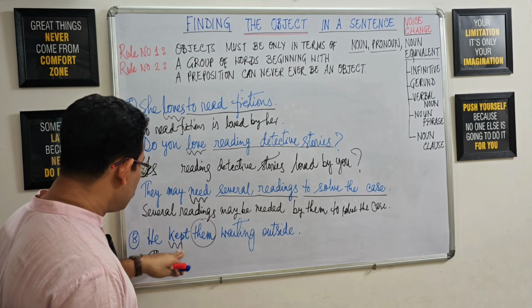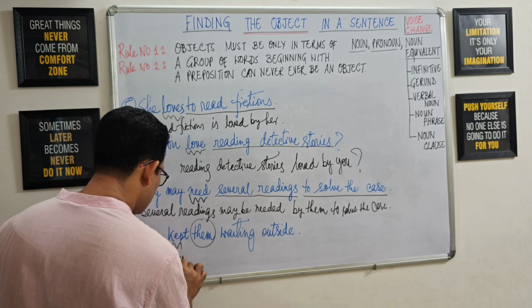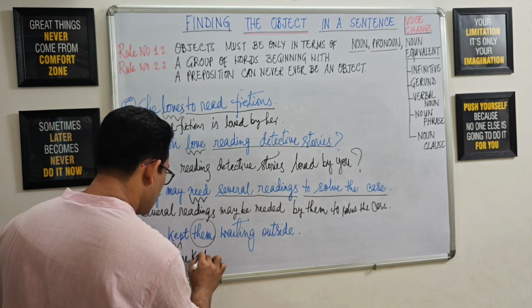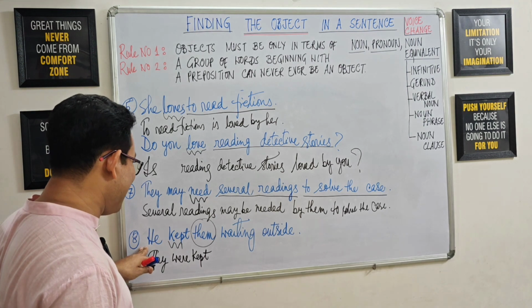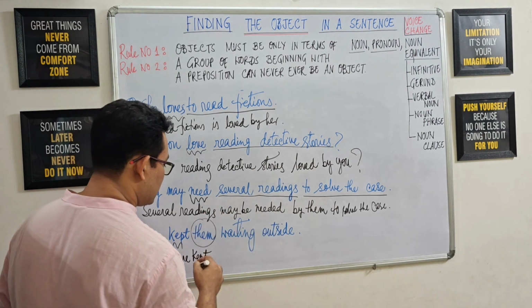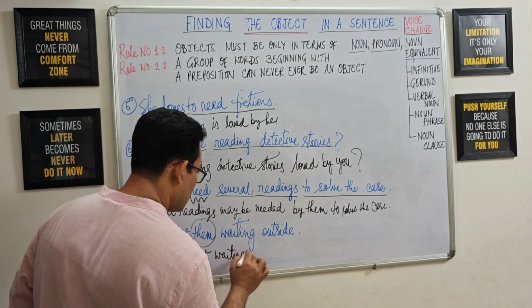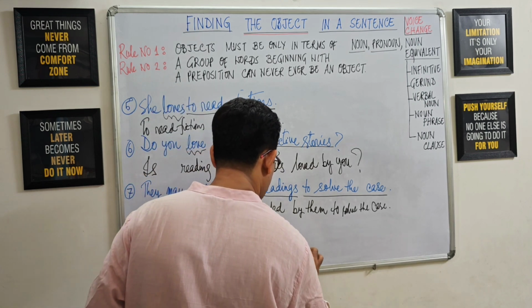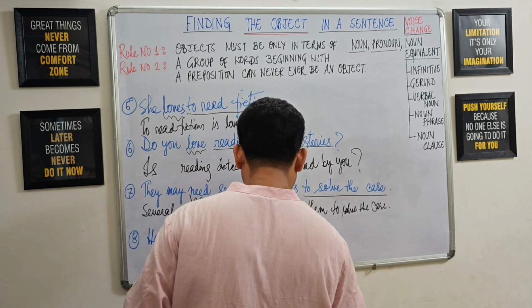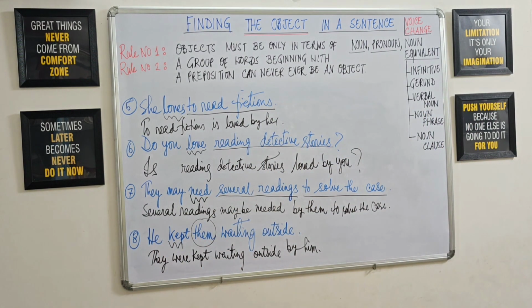Then since the verb is kept and they is plural, we have the option were. Now waiting outside is more important than by him, so we have to put the more important segment first. So the passive sentence is they were kept waiting outside by him.